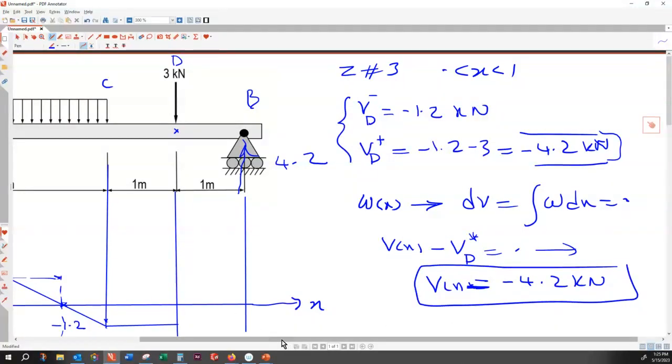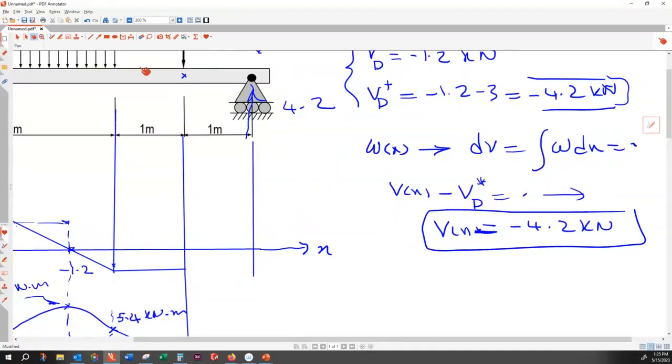So in the third zone, I would have 4.2 starting here, constant up to here. This is minus 4.2. And then suddenly here, the reaction is 4.2. The 4.2 reaction, bring that back to the 0.